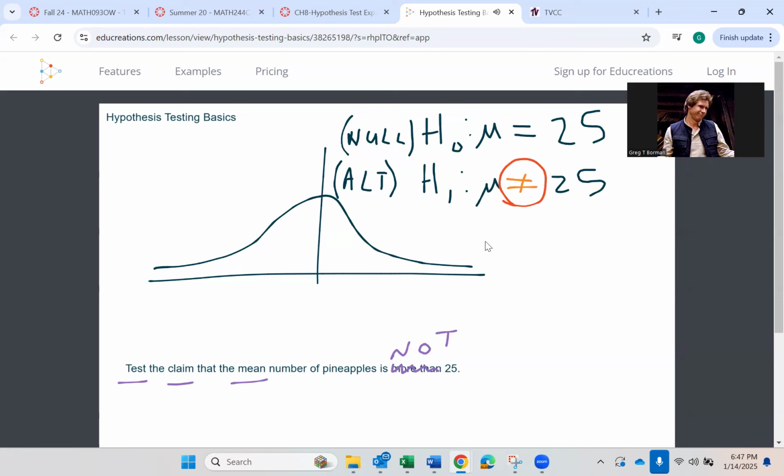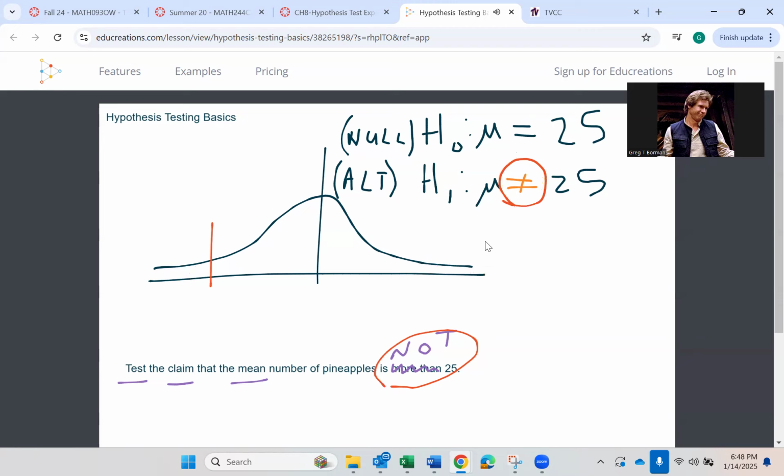If I have a not equal sign, the claim that the mean number of pineapples is not 25 means it's either less than 25 or greater than 25, one or the other. I'm not sure which. So when you have a not equal sign there, you have what we call a two-tail situation. Visually, it looks a lot like the confidence interval. So when you have the not equal sign, you've got two tails.